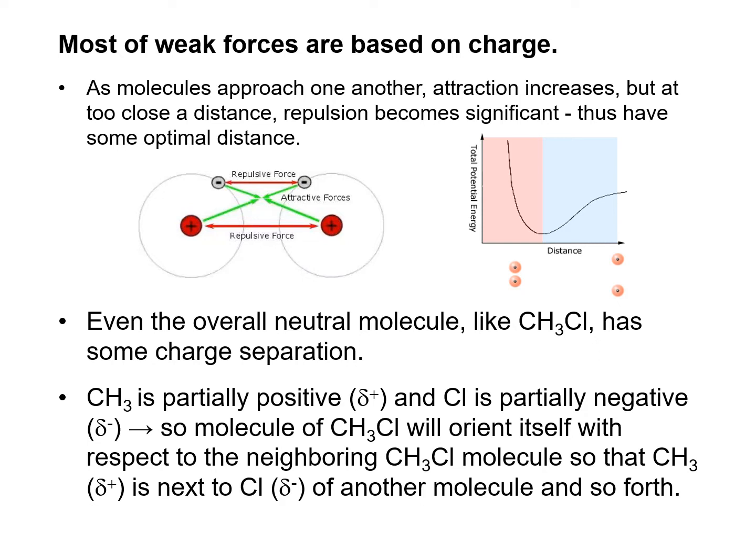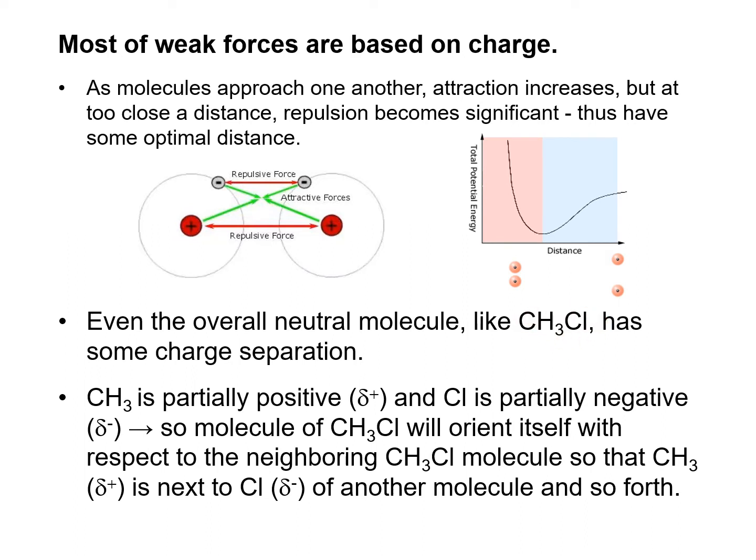And all molecules, including even neutral molecules such as chloromethane, have some charge separation. So when we look at the chloromethane molecule, the methyl group portion is partially positive, which can be written as delta plus, and the chloride portion is partially negative, which can be written as delta minus. So it is basically now a slightly charged molecule.